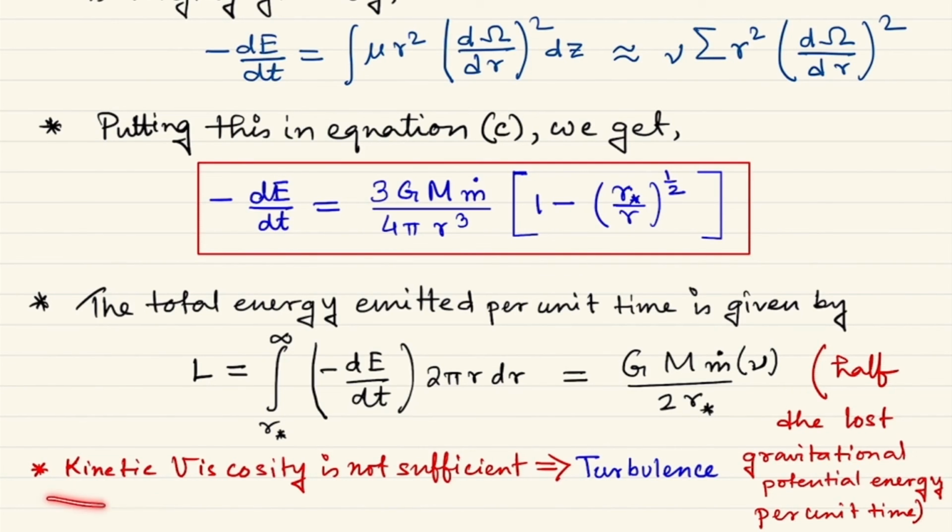That means the viscosity coefficient calculated from kinetic theory is not sufficient to account for the energy. And that's why it is proposed that the resultant viscosity coefficient, which is the kinematic viscosity coefficient plus the turbulent viscosity coefficient, is actually sufficient to account for the observed energy dissipated from an accretion disk.